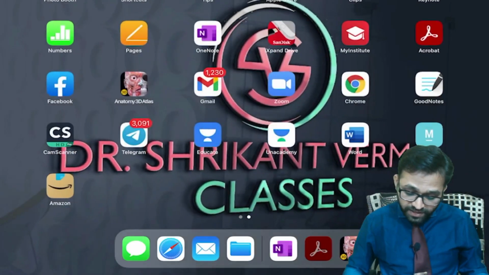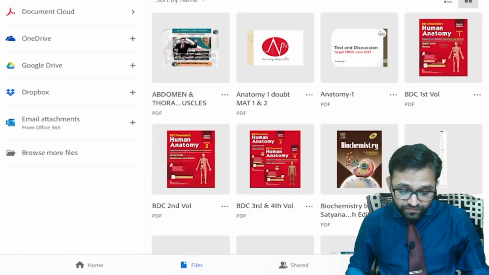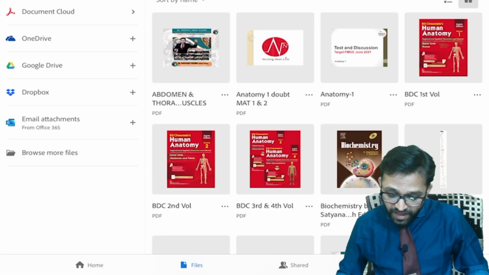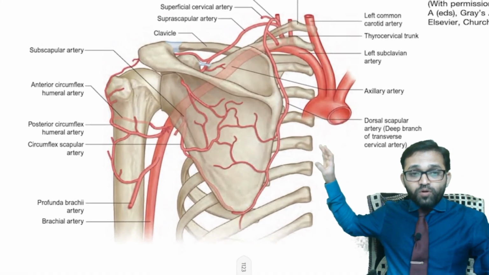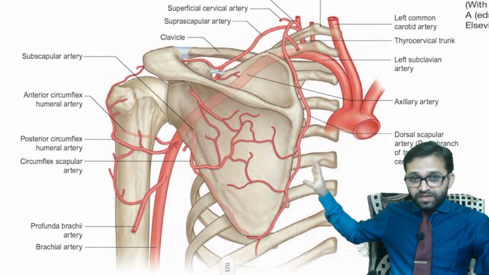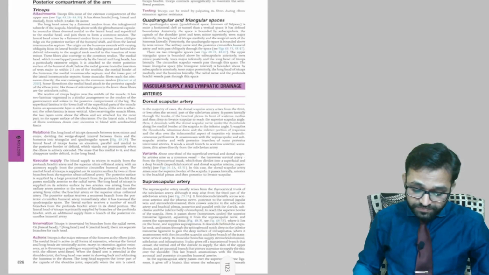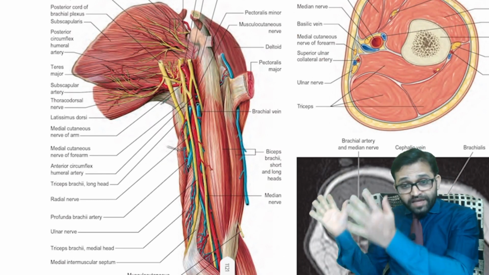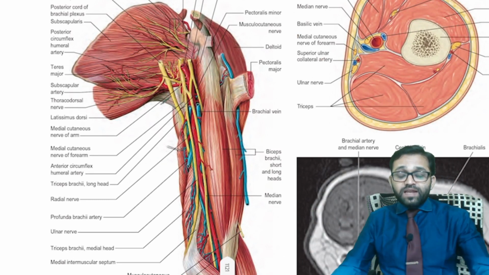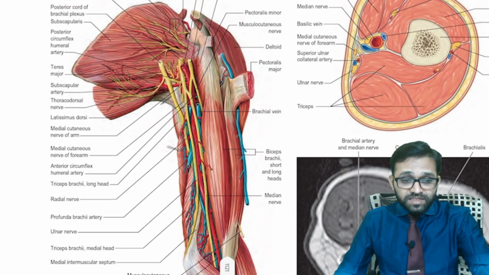Also we will take the reference of Gray's Anatomy, with the proper pages, and we will see the different clinical points related with the axilla, axillary artery, as well as the relations of the axillary artery.